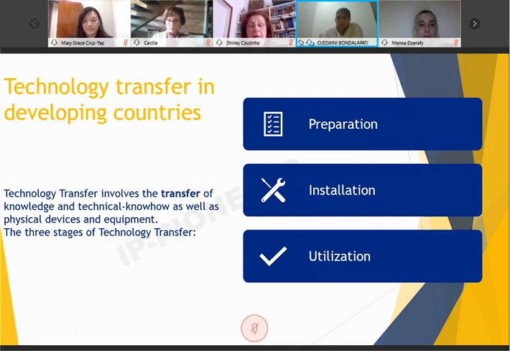As Cecilia explained, technology transfer is simply the transfer of technology, and along with technology, some tangible assets too.